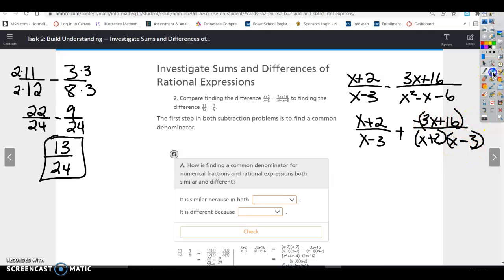Alright, now if I look, I have a common factor here, but this one is not on this side. So just like where we had to multiply here to get a common denominator, we're going to multiply here by x plus 2. And that means we have to multiply the top as well by x plus 2.